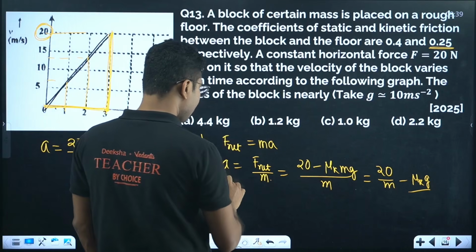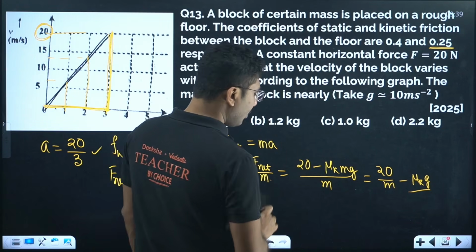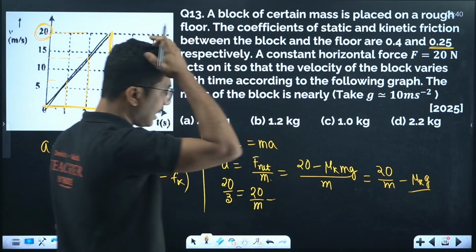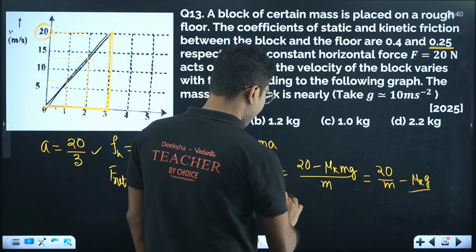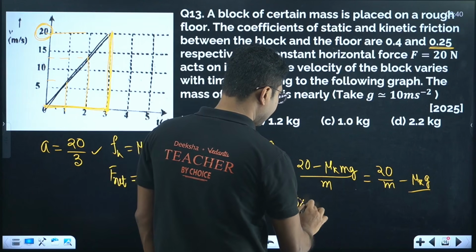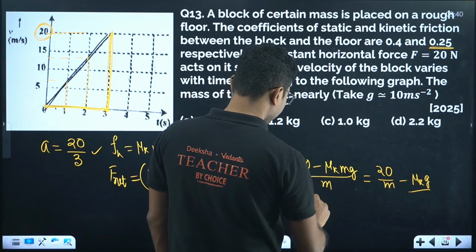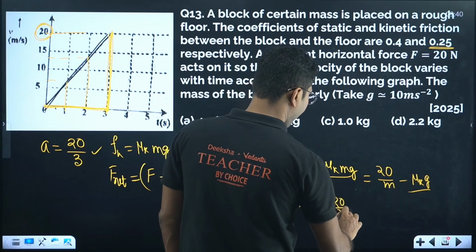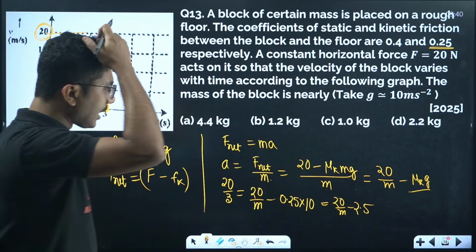So acceleration is 20 by 3, and that is equal to 20 by m minus mu k g. Mu k is 0.25 and g is 10. So it will be 20 by m minus 2.5. Okay, so we have calculated this.